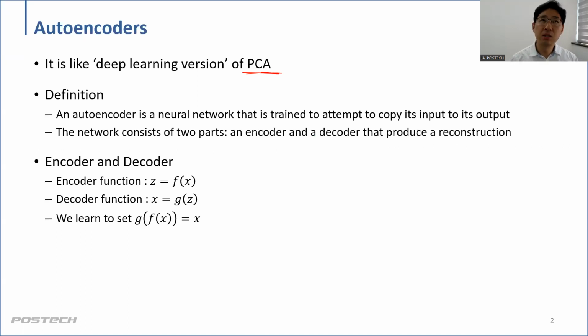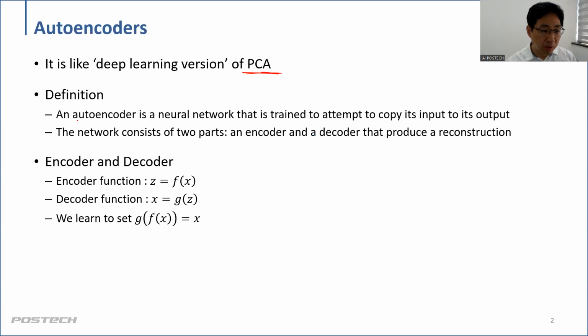When we talked about unsupervised learning, the first topic was clustering, the second topic was dimension reduction, and principal component analysis is the most important machine learning algorithm for dimension reduction. And autoencoder is kind of the artificial neural net or deep learning version of that. So I'm going to show you what it is.